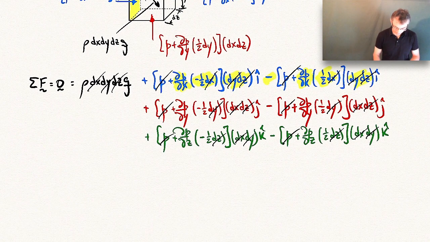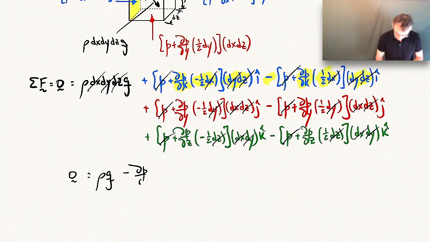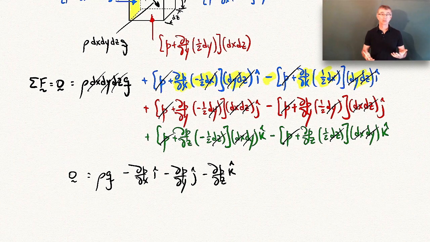So let's write down what we now have. So we have 0 is equal to rho times g. That's a specific weight just written in a vector form. Then we'll have minus dp dx in the I hat direction minus dp dy. I'm not going to use the colors anymore. It's a little inconvenient to continue with. So that's what we have now, that we've eliminated a bunch of terms.